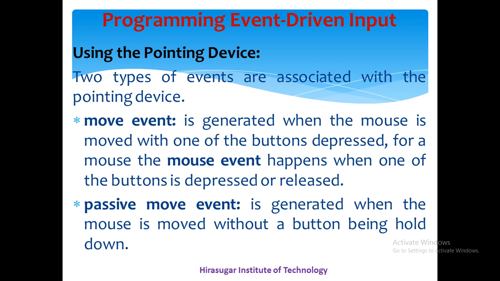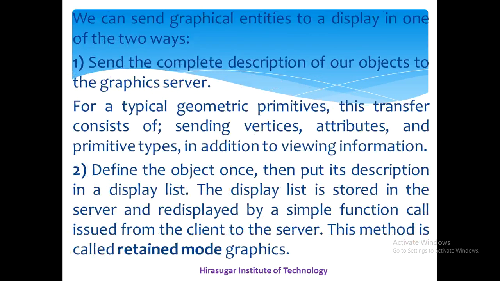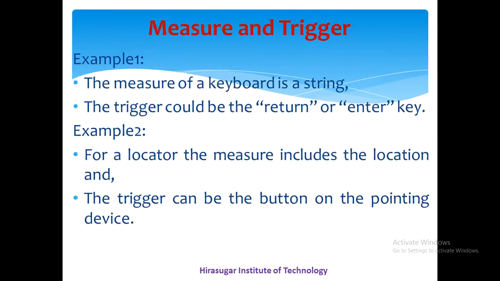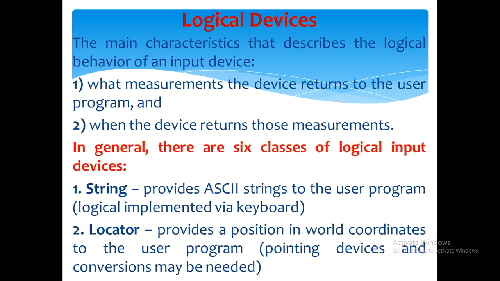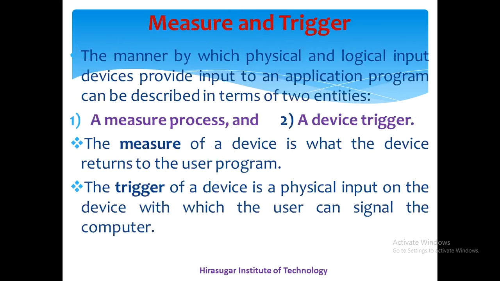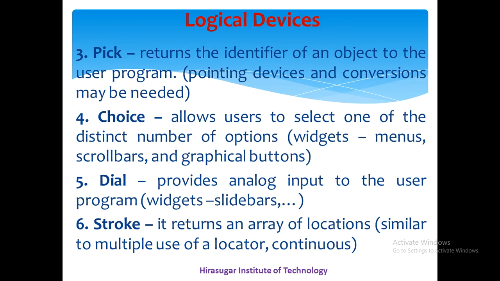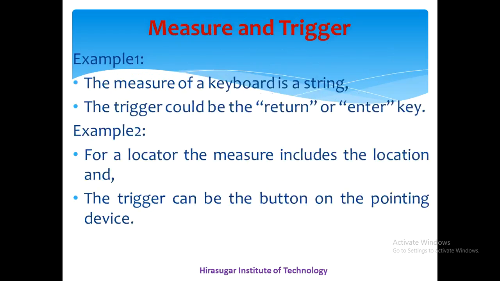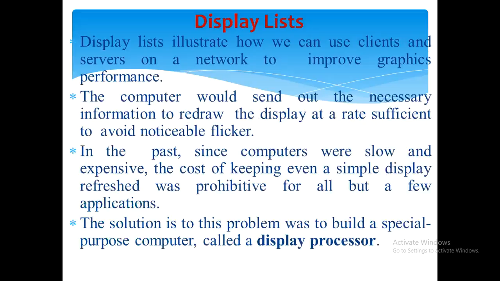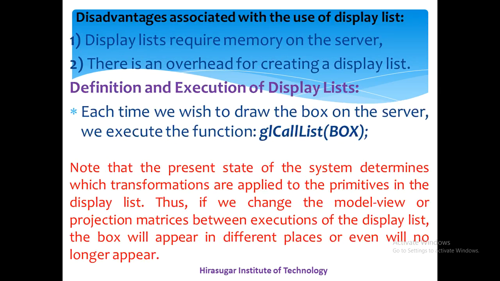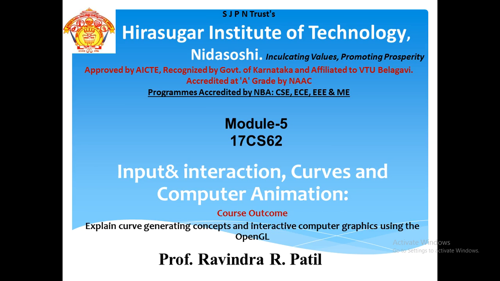Those are string, locator, pick, choice, dial and stroke, right? These are the 6 logical devices we can interface. We can use the devices in those logical types.